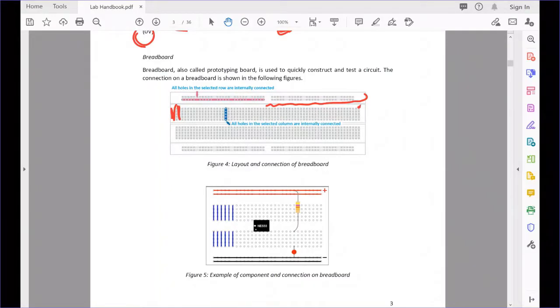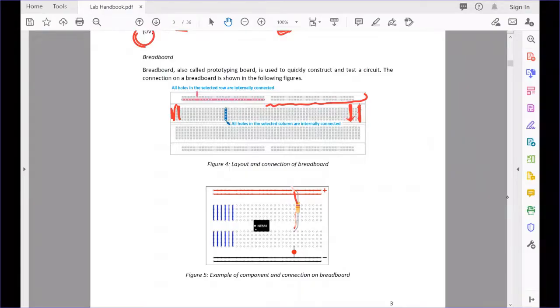There are 5 dots, if you can see in the pictures. All of these are holes where you can put in the leg or pin of your components. And in these 5 dots, they are basically short circuited, or connected together. If you plug the pin in here, it means the whole line is connected to the component.